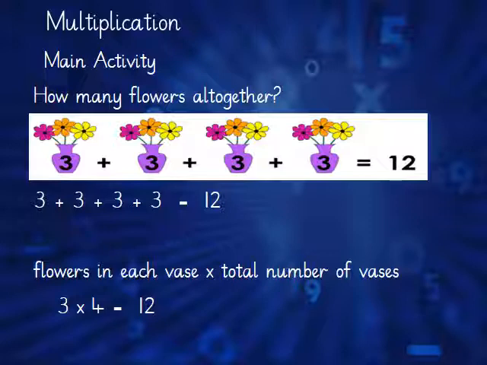And the other way is flowers in each vase multiplied by total number of vases. And it makes a sentence: 3 multiplied by 4 is equal to 12.